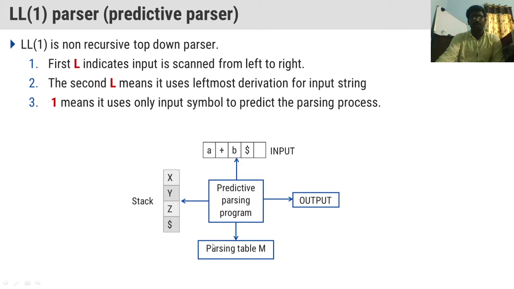Our first objective is, with the given grammar, we will construct a parsing table. That parsing table is called the predictive parsing table, and based on that parsing table, we will parse the string. We will verify the string. We are also using a stack. I will tell you the necessity of using a stack here. We will discuss with an example.